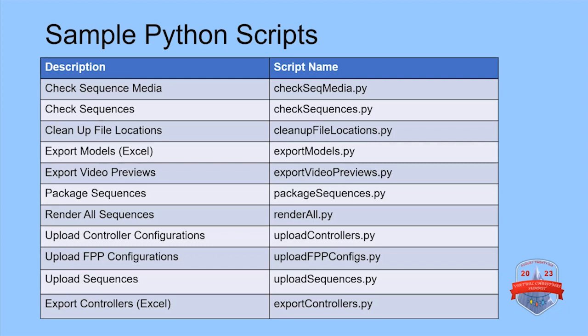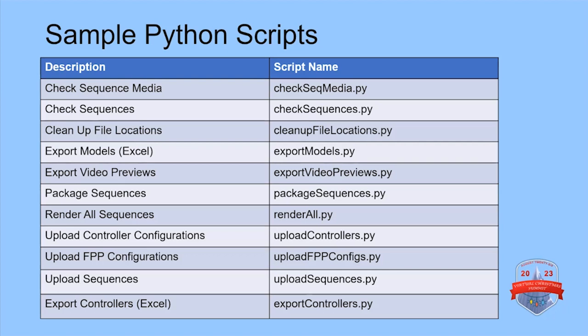The export models script uses what the REST API calls export models CSV, but I called it export models in my Python script because now it actually exports an Excel spreadsheet. This is something that's already built into xLights to be able to export the models spreadsheet.